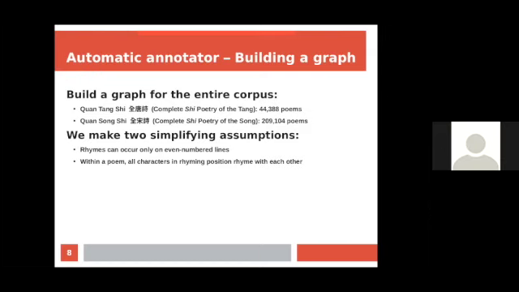Have you then also brought in annotations that have been done by other scholars of individual poems, and used them to help the annotator refine its learning? Yeah, it makes sense. This is a possibility, but not something I've explored. These two assumptions let me start with non-annotated text.